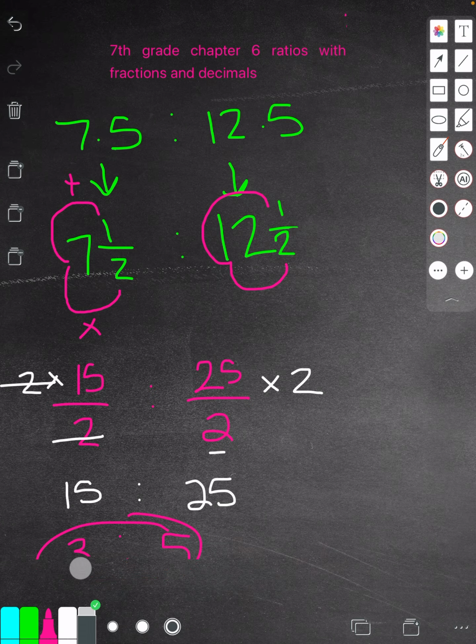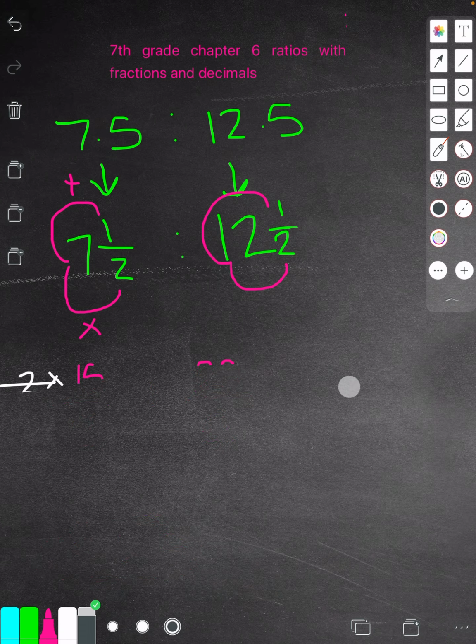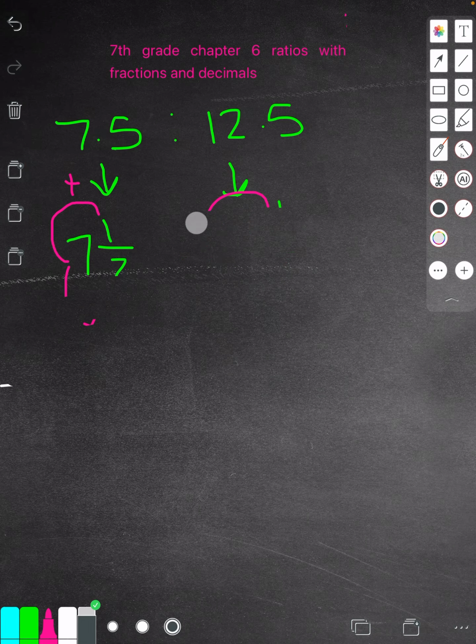Now, let me show you another way to solve this that could be easier for you. When we divide a number by a decimal, we have to move the decimal.